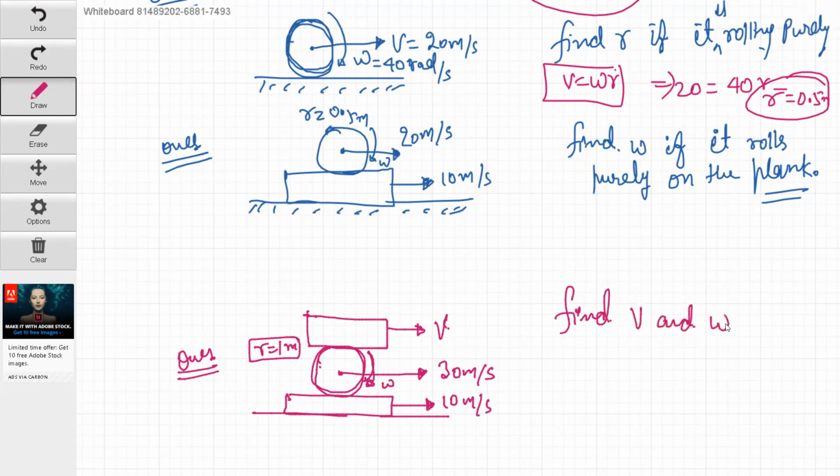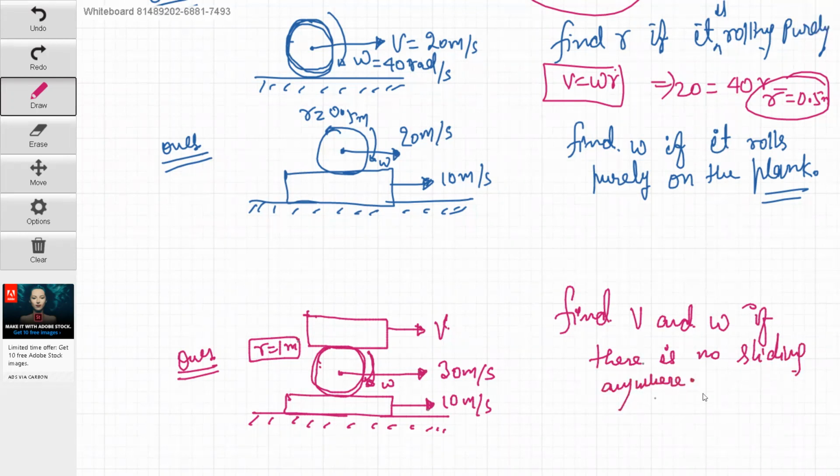Find v and omega if there is no sliding anywhere. Do it first.